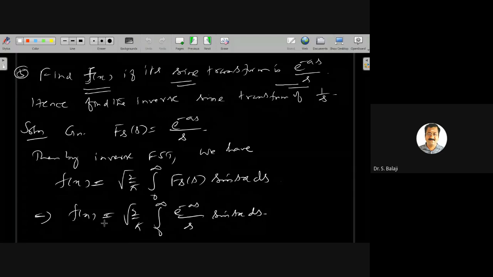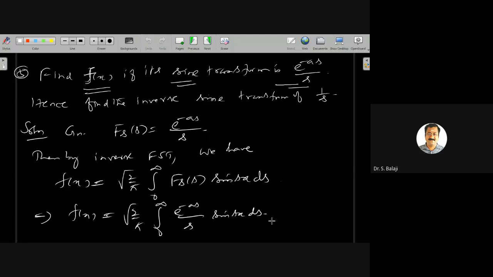We require f of x. Therefore, f of x is root of 2 by pi integral 0 to infinity, Fs of s is equal to e power minus as by s, times sin sx ds.